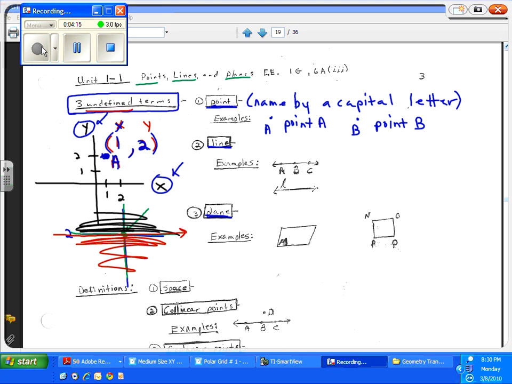And so a line is named either by 2 points on that line or by a lowercase letter.